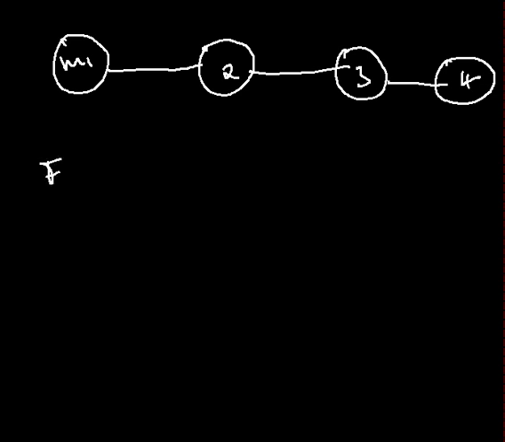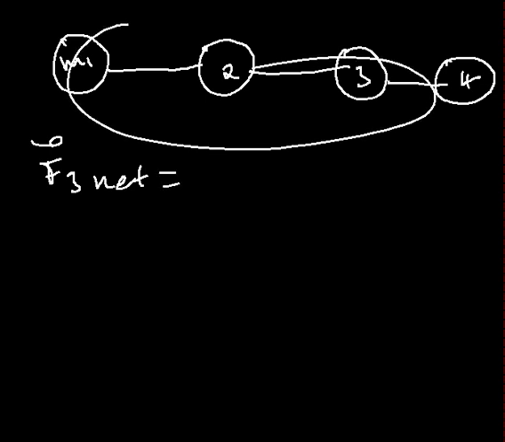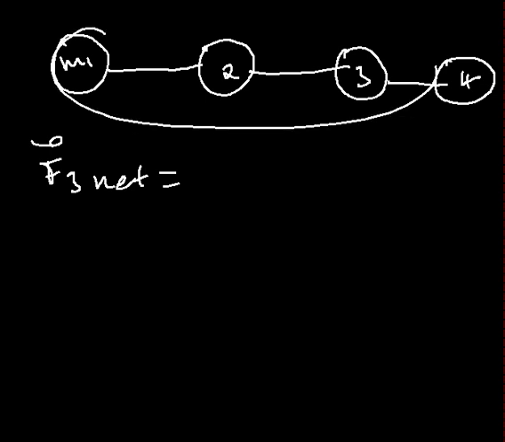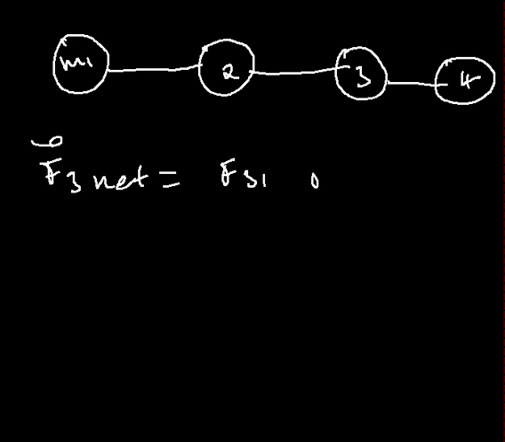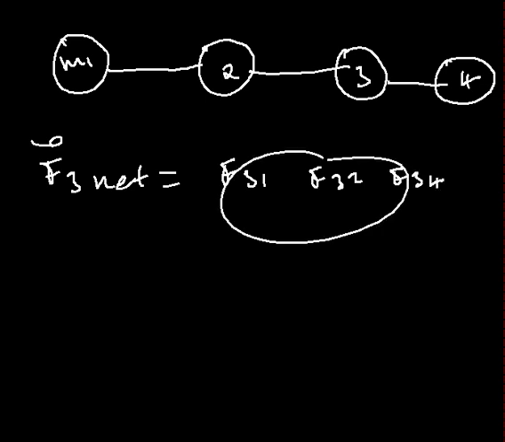How should you write F3 net in that case? What would be the expression? This is true for a system in one dimension, which you have to understand. Now have it as F31, F32, F34 in that way. But how should you tell the directions? We should have to decide that.